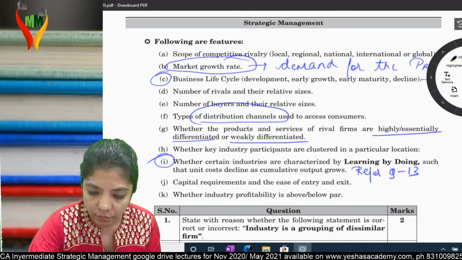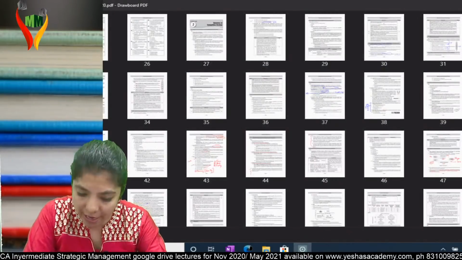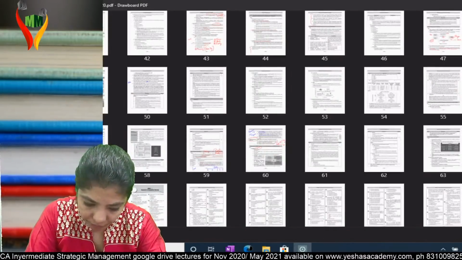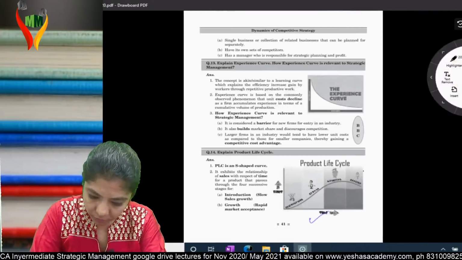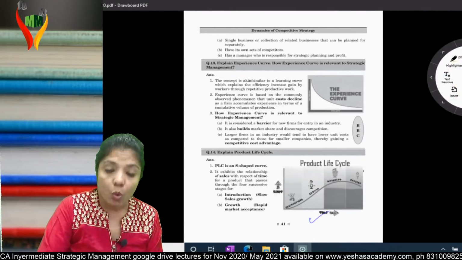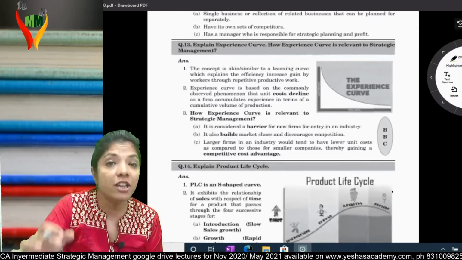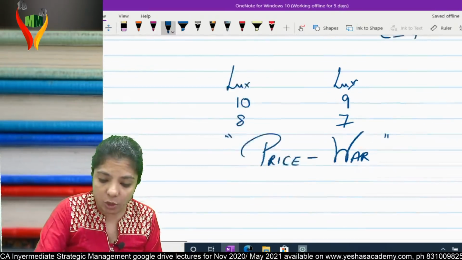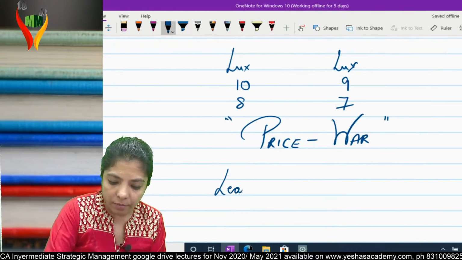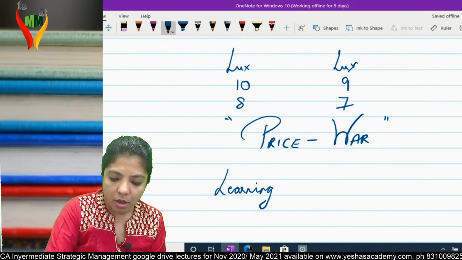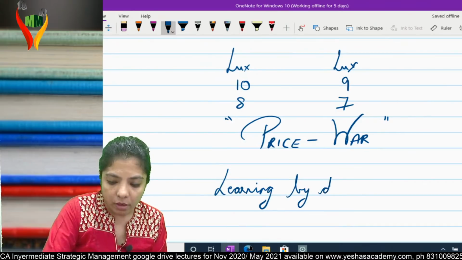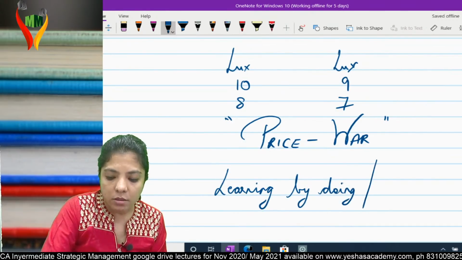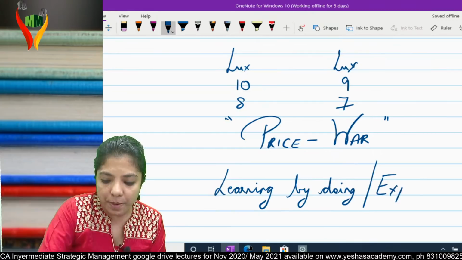Come to question number 13, page number 41. Am I clear? Learning by doing, or it's also called the experience curve.